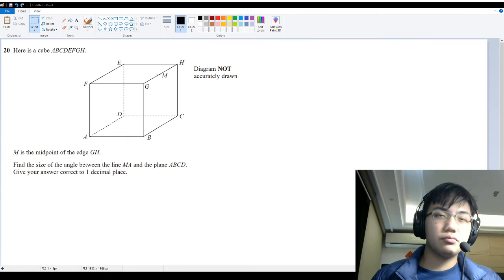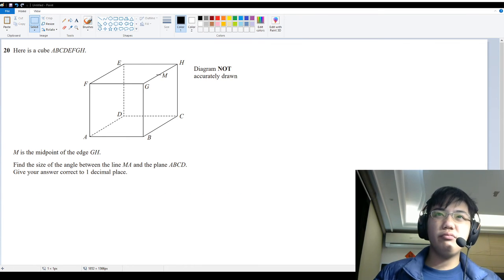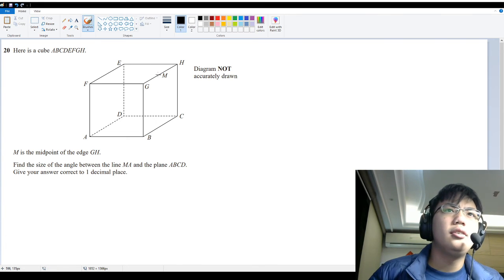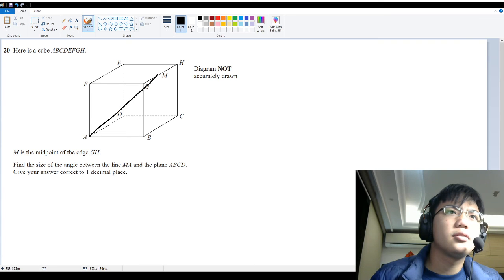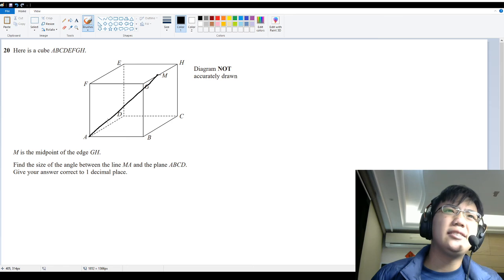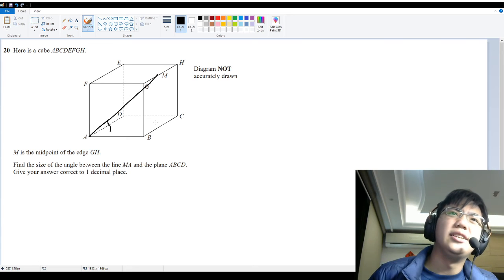So we should first draw which angle we need to figure out. So M to A. We need to find the angle between this line and the plane, which would look like this.